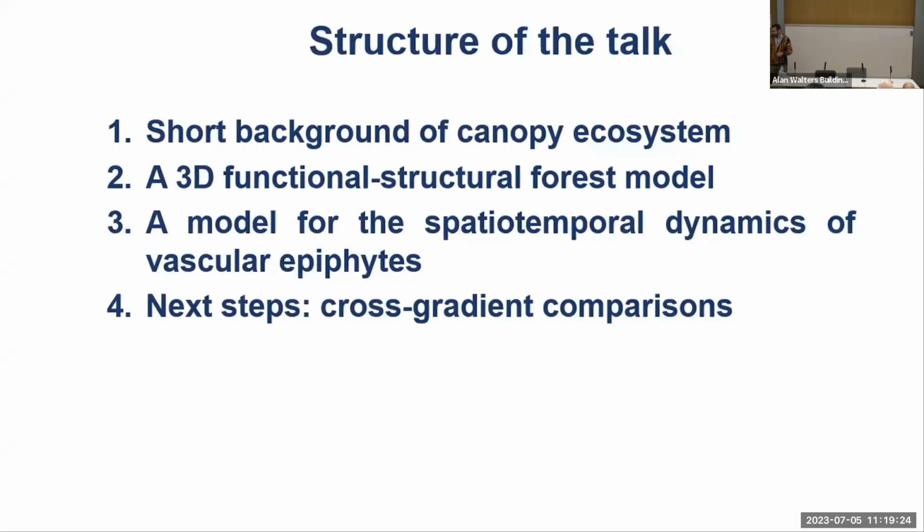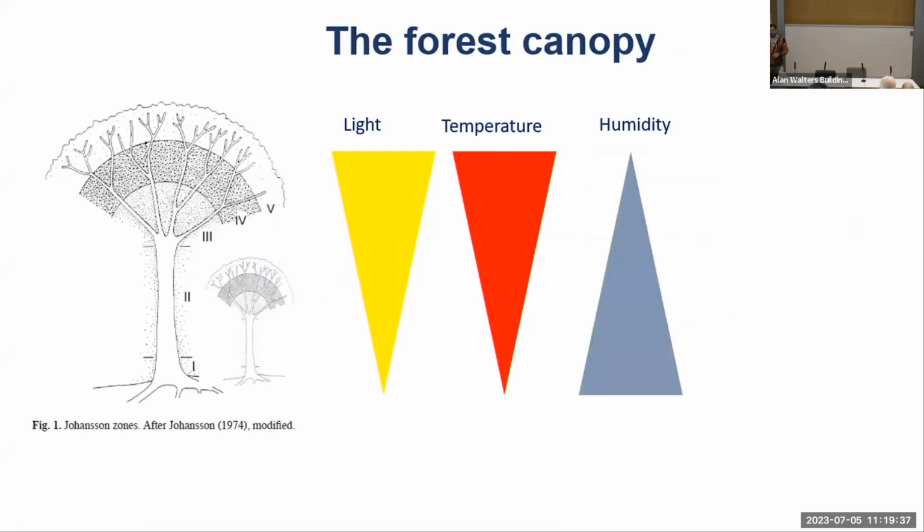So I'm going to talk a little bit, a very short background about the canopy, and then talk about the forest model, the epiphyte model, and the next steps in this modeling framework. So the forest canopy, we already saw, in general we focus on trees and the forest, but as you might think, it also is a very heterogeneous environment for canopy dwellers.